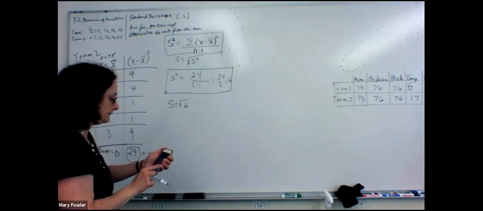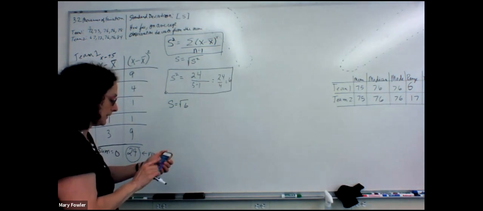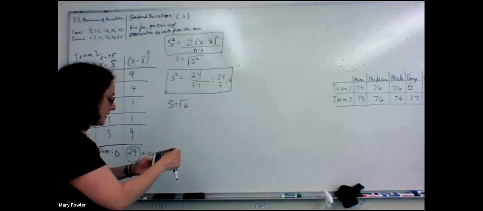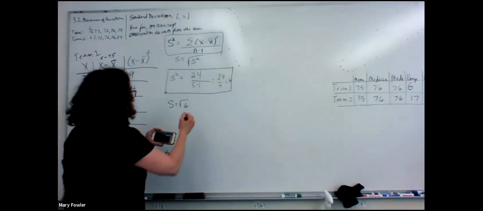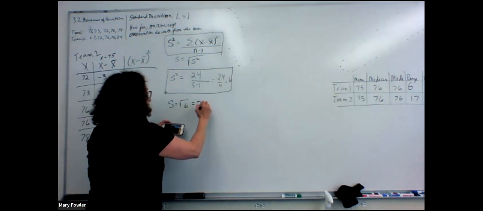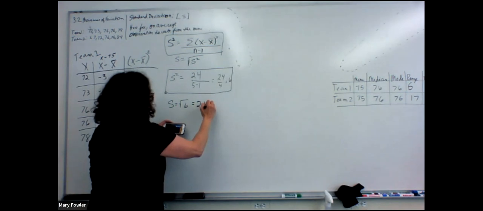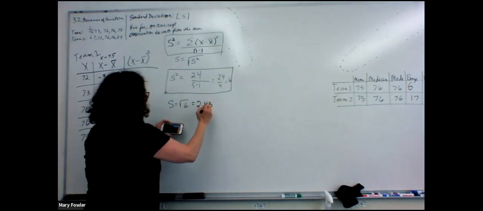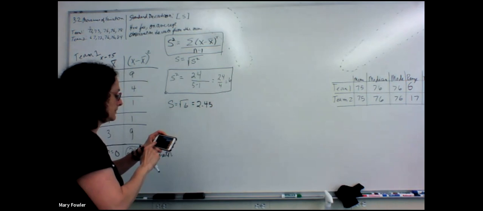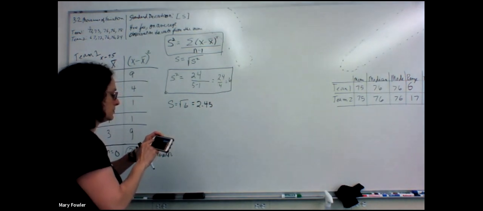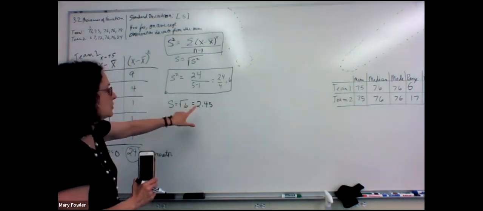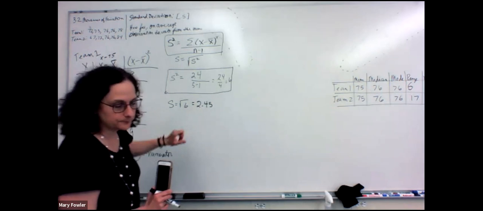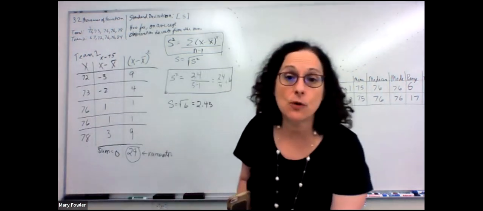I'm just getting to the calculator here. And we get 2.45. Just check that. Yeah. Okay. So my standard deviation is 2.45 for team 1.